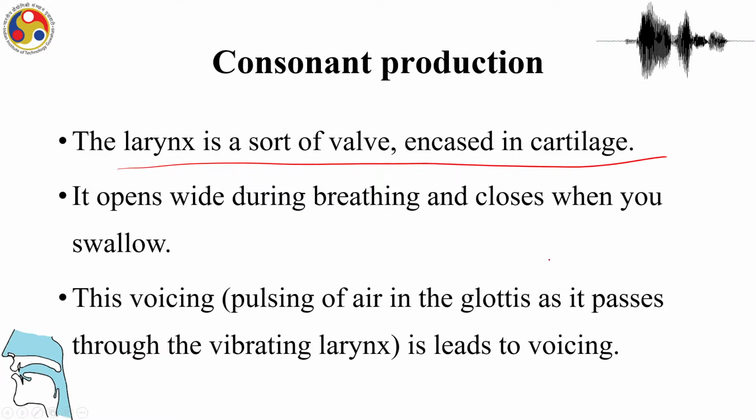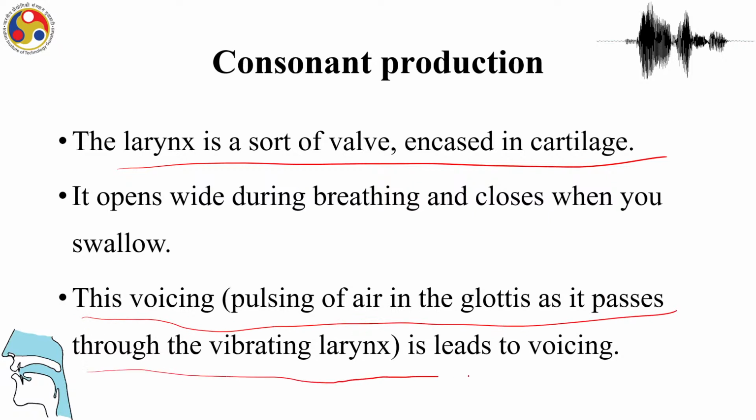It opens, it vibrates and gives a particular quality to the sounds that we produce. And the voicing that is produced as a result of the vibration of the glottis and the air which passes through the vibrating larynx is very important in understanding sounds.